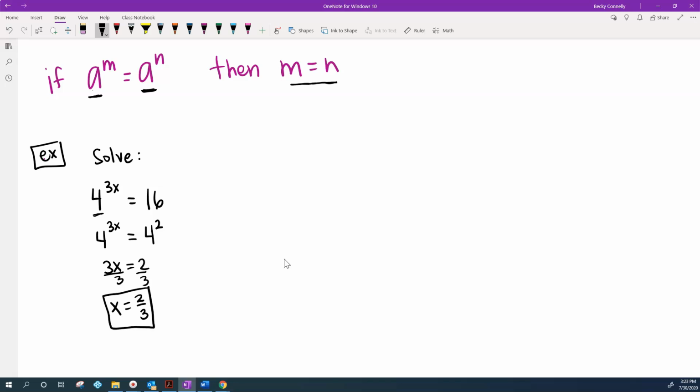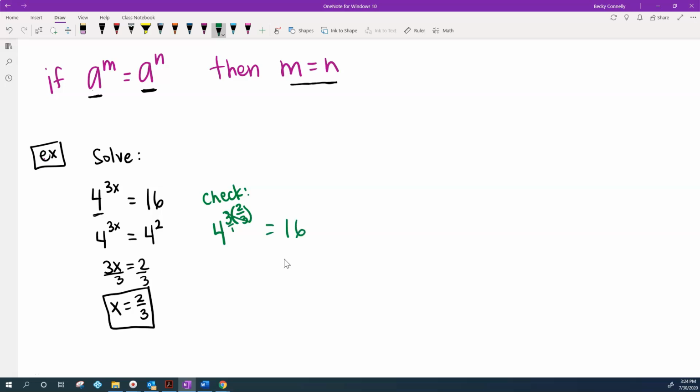Okay. And you could check this, right? You can always do a check whenever there's a solve. So if I did 4 to the 3 times 2/3, so it's kind of like a 3/1 power, does that equal 16?